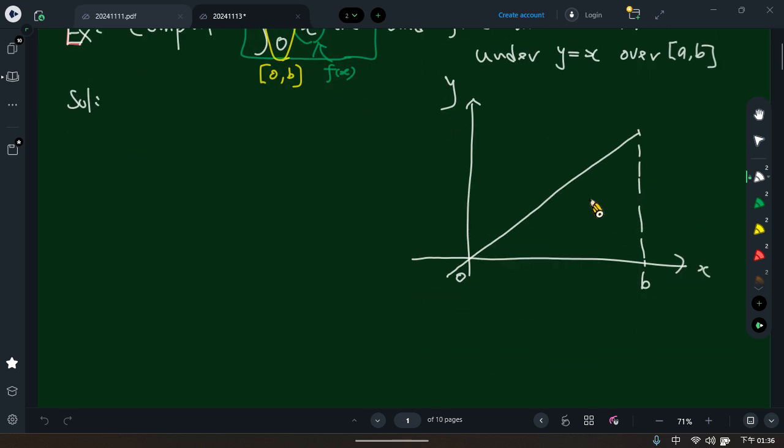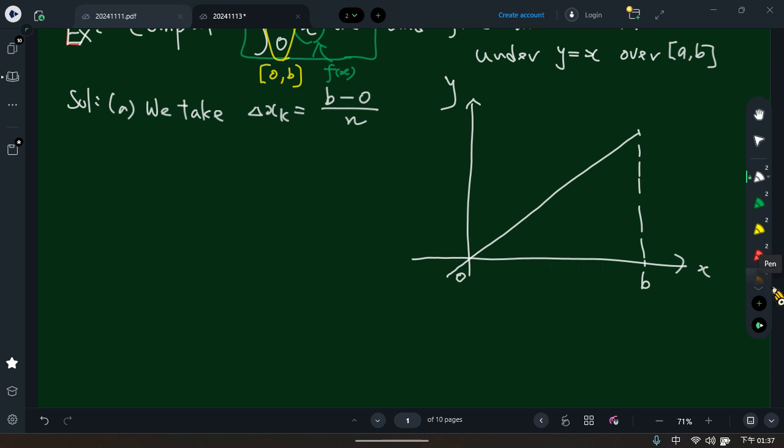Okay, so based on this, we can try to have an equal divided method. So we can take delta x_k as (b minus 0) over n, right? That means I am trying to divide the interval from 0 to b equally into n pieces, right?